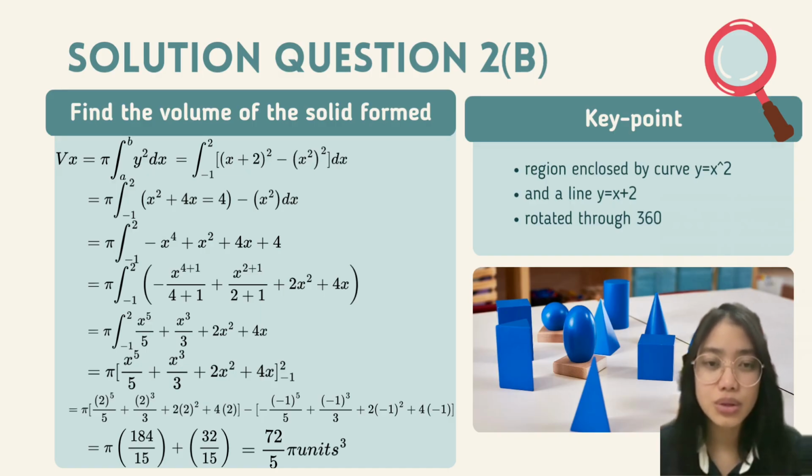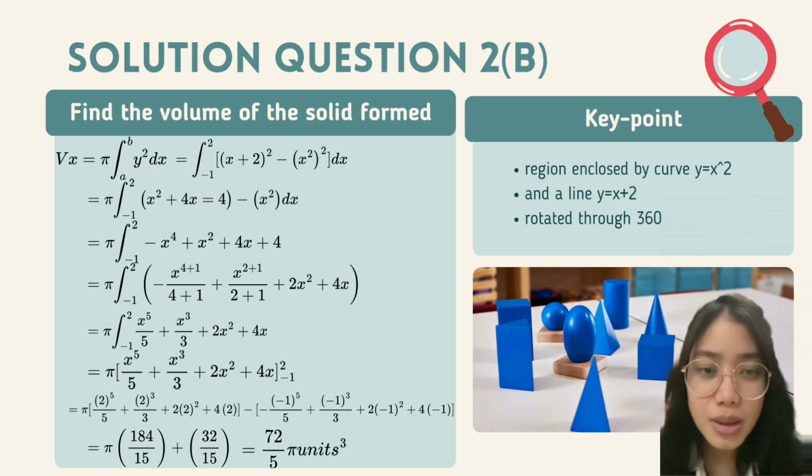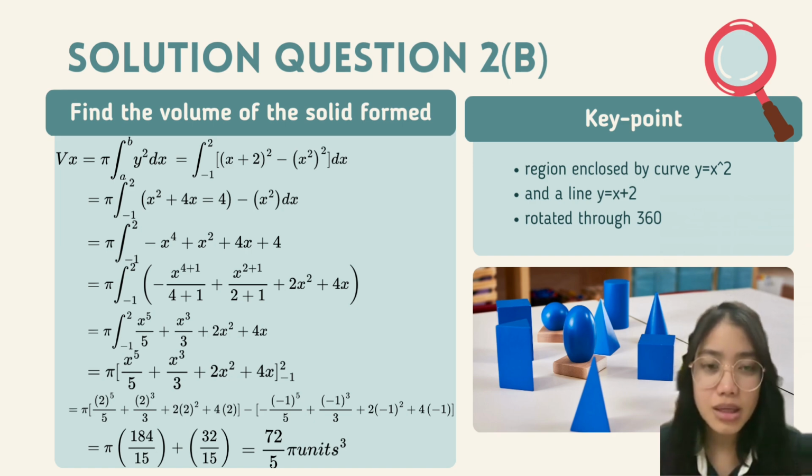Next, we do some integration, and it becomes pi times x to the power of 5 over 5 plus x cubed over 3 plus 2x squared plus 4x. After that, we replace all the x with 2 and -1.